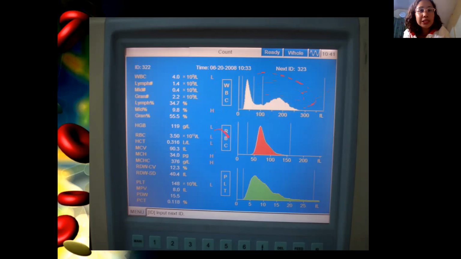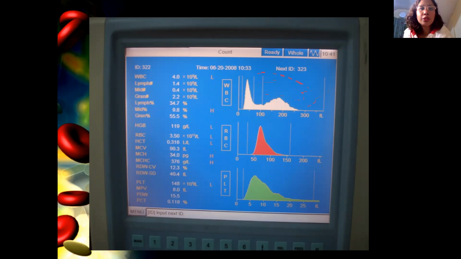For your red blood cells, guys, the hematocrit and hemoglobin are low. However, the size is normal, because the normal size, this MCV, shows the volume. The normal volume, guys, is 80 to 100. So our red blood cells have a normal shape.